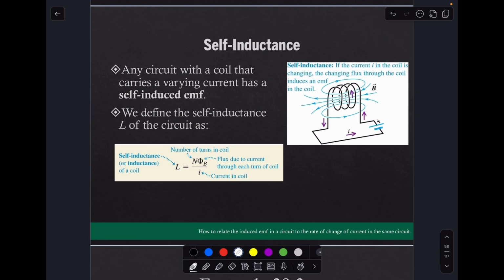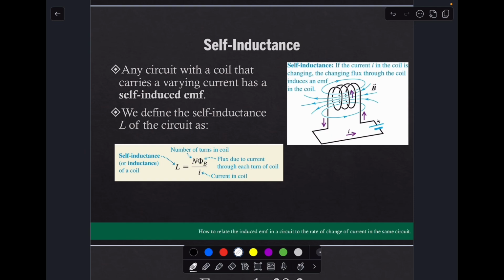Currents flowing through coils, solenoids, if you will, can produce a field, and that field will produce a current in that same coil itself. You don't need a second coil there to see inductance.